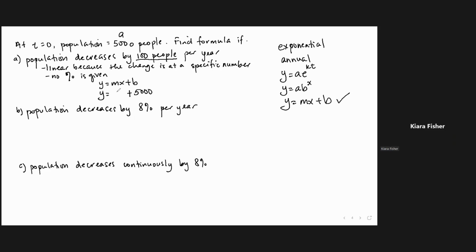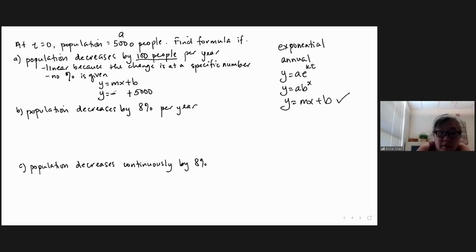It's decreasing, so wouldn't it be negative 100? Negative 100 x. So this 100 is going to be your change, or your slope.